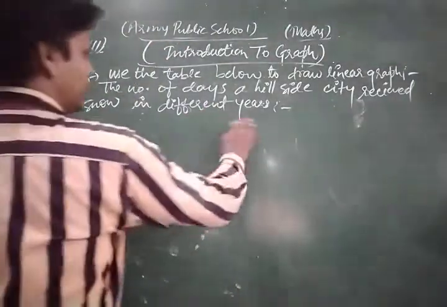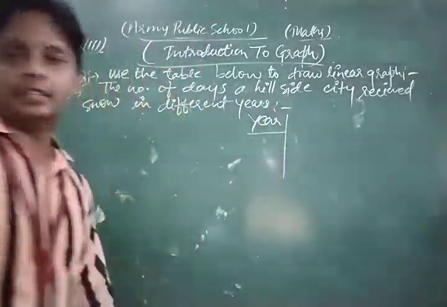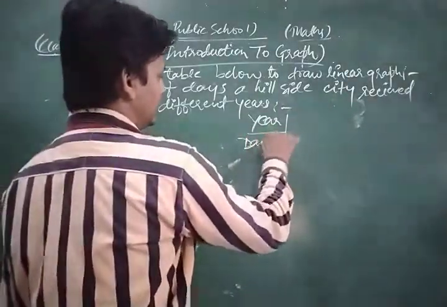So in the first column we write year, and in the second column the number of days.